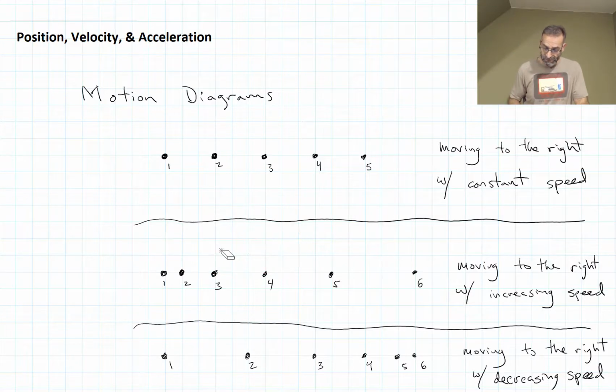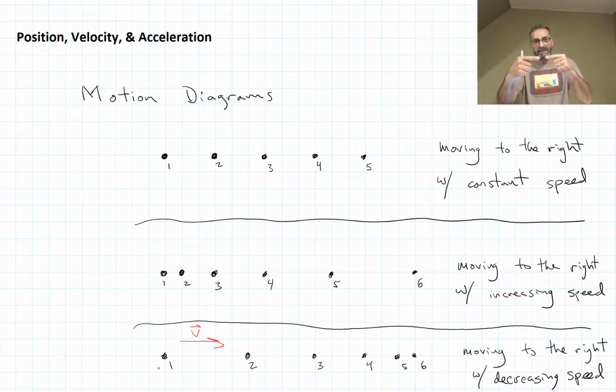Whenever acceleration and velocity point in the same direction, the speed is increasing. In the last case, the object is moving to the right, but it's slowing down. Why would it be slowing down? Because some force is pushing back on it. As it tries to move to the right, some force must be pushing back on it, causing it to slow down. That causes acceleration.